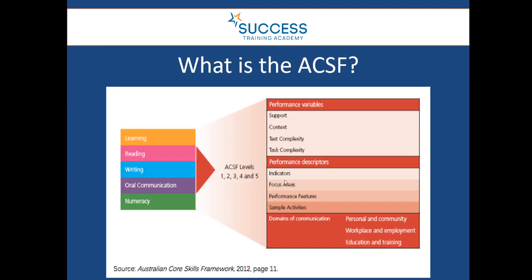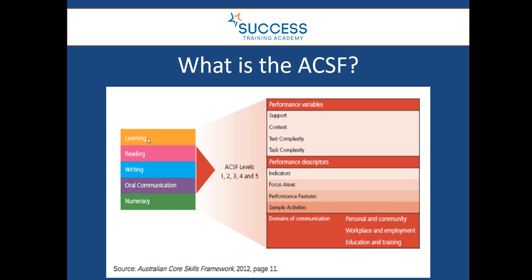Okay, now what is the ACSF? Well, fundamentally, it's broken down into 5 core skills. So we've got learning, reading, writing, oral communication, and numeracy. So when we look at LLN based on these 5 core skills, what we can then do is break down these 5 core skills into levels.